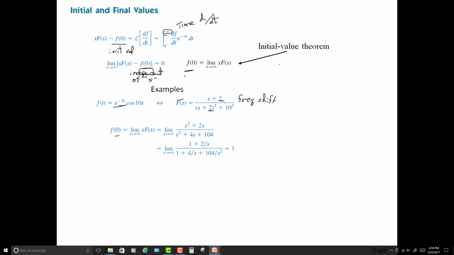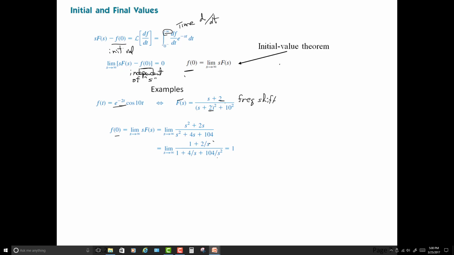We're dividing or extracting out the s squared. We're trying to get this into something that resembles the standard form, right? So we get 1, 2 over s. We get these parts, pretty straightforward. S squared over s squared becomes that, 4 over s, and 104 over s squared.